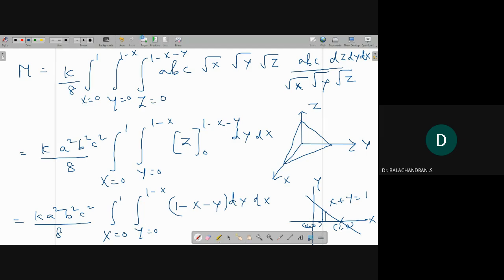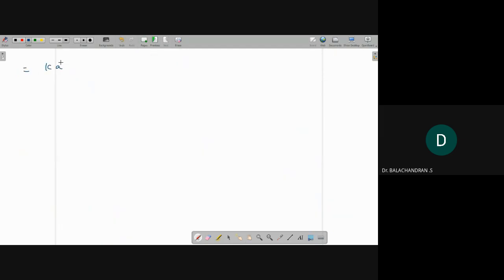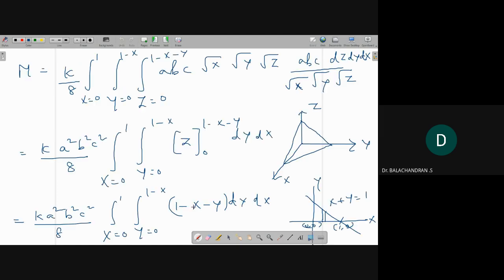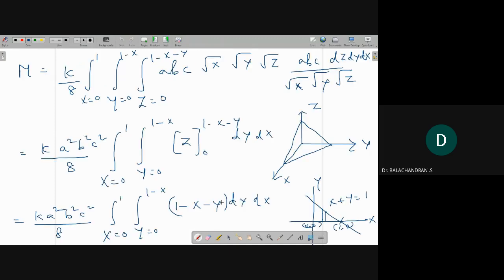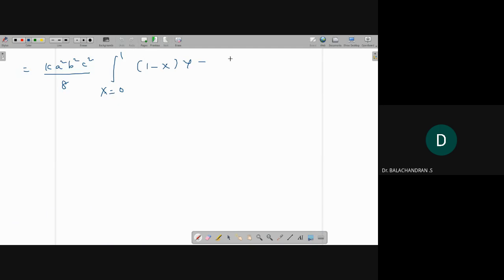So 1 minus x is constant because you are integrating with respect to y. So 1 minus x into Y minus y square by 2. If you integrate y, you get y square by 2. The limit is from y equal to 0 to 1 minus X, into dx.